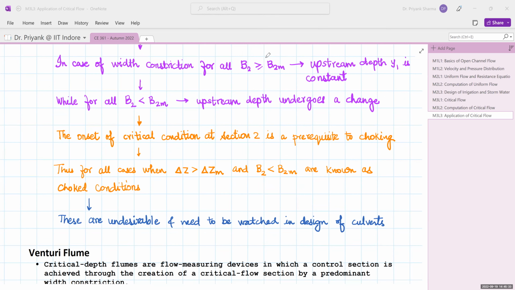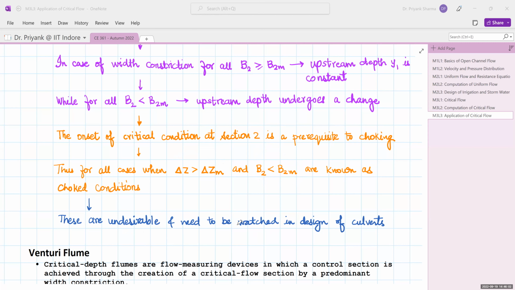Any flow condition where your delta Z is greater than delta Zm and B2 is less than B2M is known as a choke condition. That means your flow will not be able to pass through either the culvert or the canal, and that condition is undesirable, so we need to specifically monitor it when we are designing culverts.